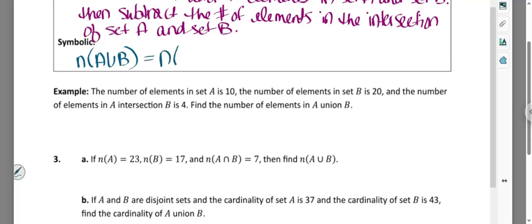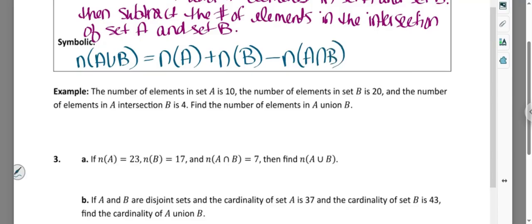So how many items are in set A plus how many items are in set B minus the intersection. Because if we've added everything in A and added everything in B, that intersected area has been counted twice. So we have to take the overlap away.